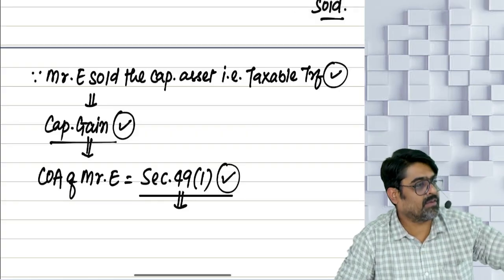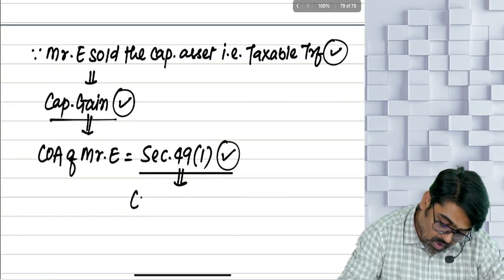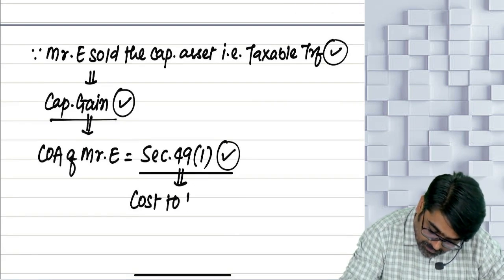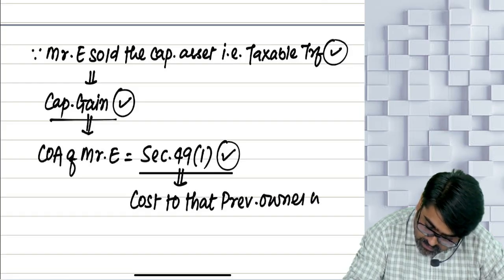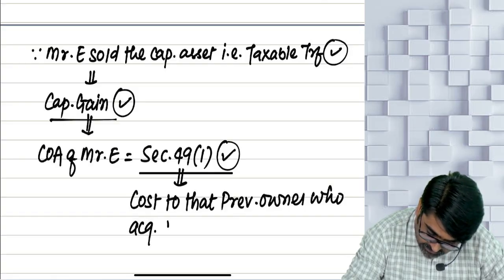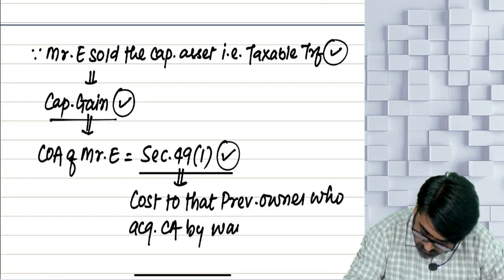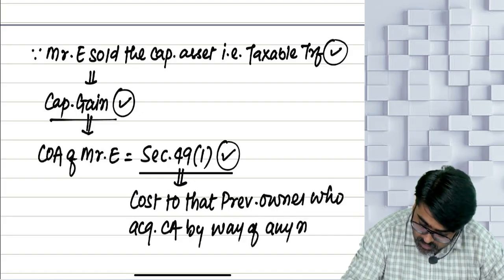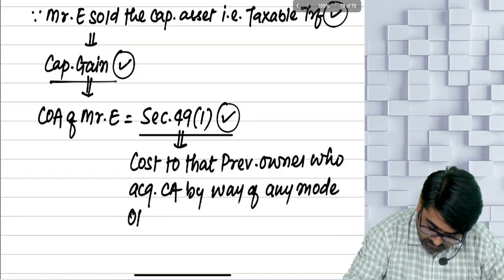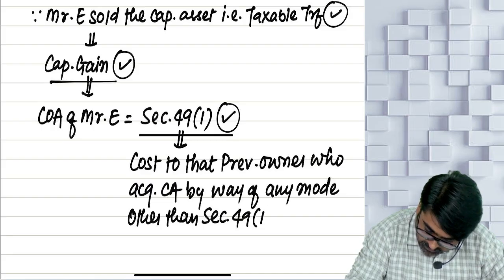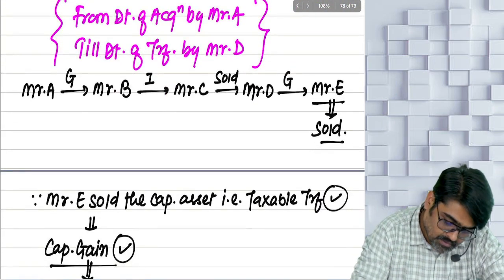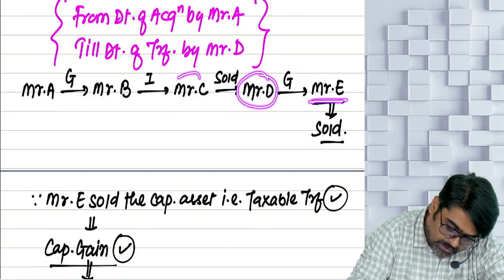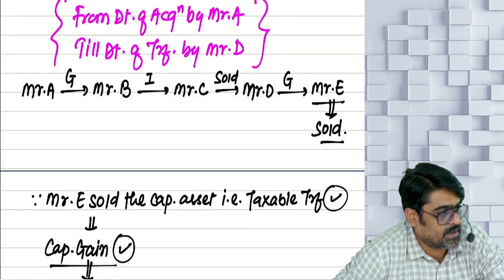If multiple previous owners are there, then what do we take? Cost to that previous owner who acquired the capital asset by way of any mode other than those specified under section 49(1). Yes or no? Now tell me, for Mr. E, 1, 2, 3, 4 previous owners are there.